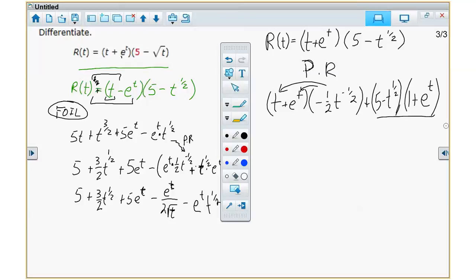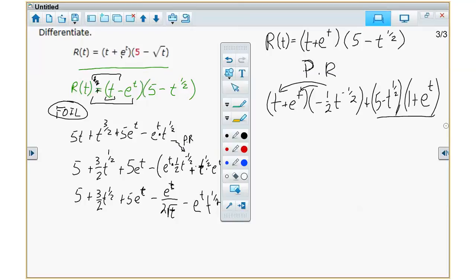How would you do that? Well, that's 1t to the first power. So negative 1/2 times 1 is negative 1/2. And t to the first power times t to the negative 1/2, you subtract 2 halves minus 1/2, that's 1/2. So it'd be negative 1/2 t to the 1/2 power when you distribute it with the t.